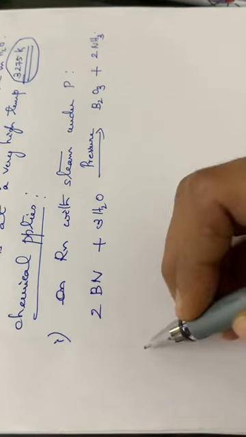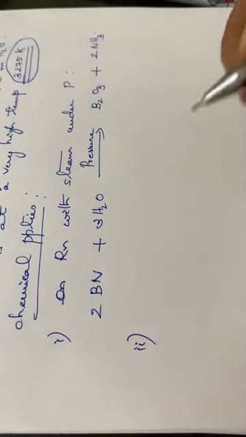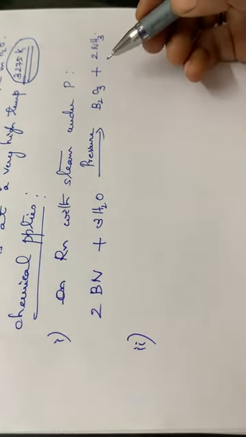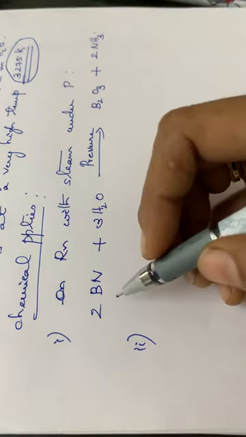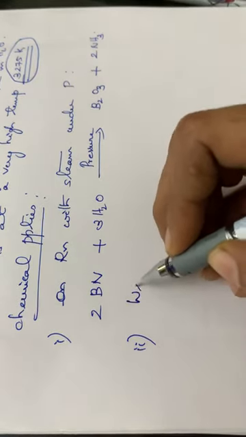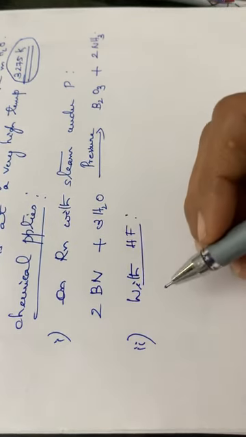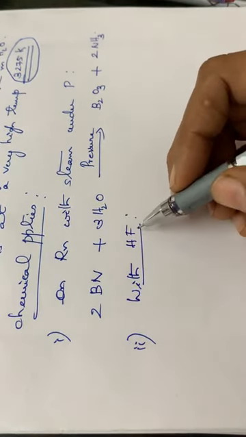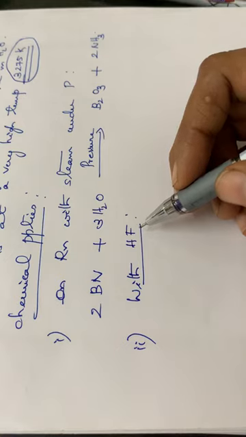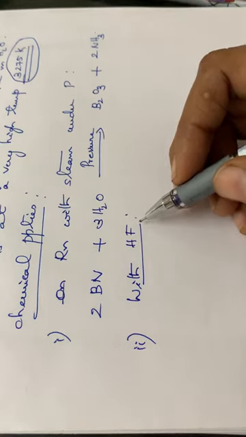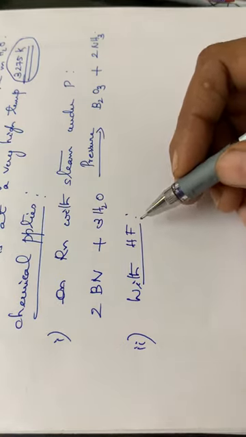Then the second reaction. Hope you had written this reaction. Second reaction, reaction with hydrofluoric acid, HF. Here when reacted with hydrofluoric acid, the product will be ammonium fluoroborate.